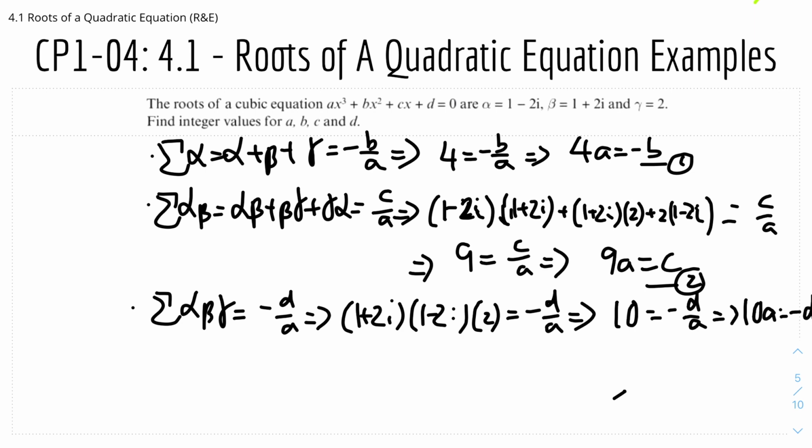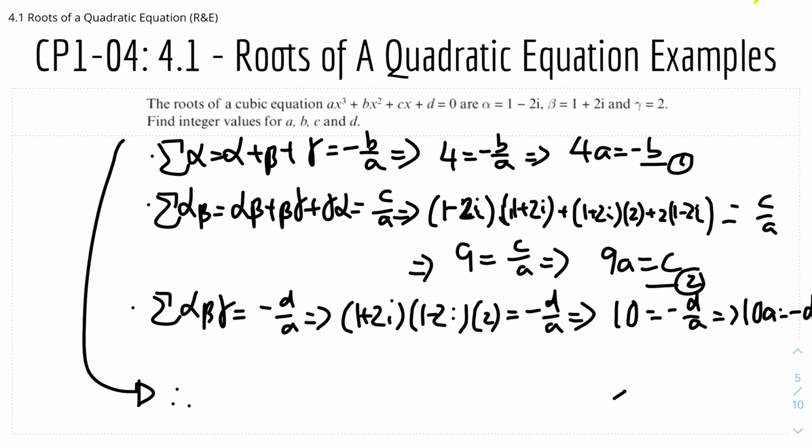So what we can do now to solve it is let a equal 1 in all these cases. If a equals 1, b will be equal to minus 4, right? And if a equals 1 in this case, c will be equal to 9. And if a equals 1 in this case, d will be equal to minus 10, right? So therefore, let me write it out.